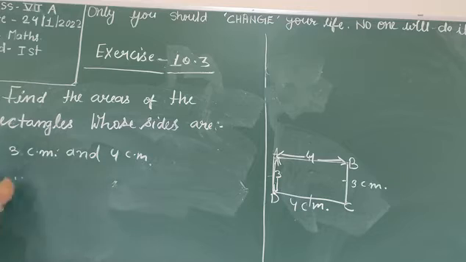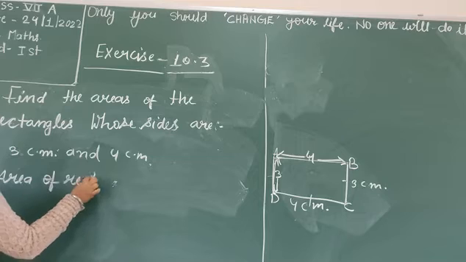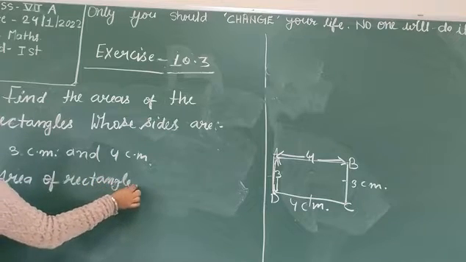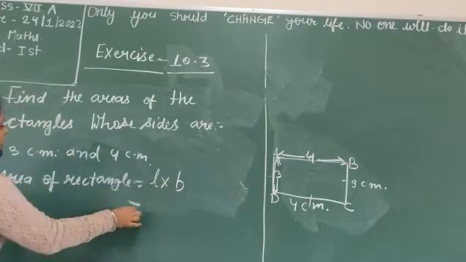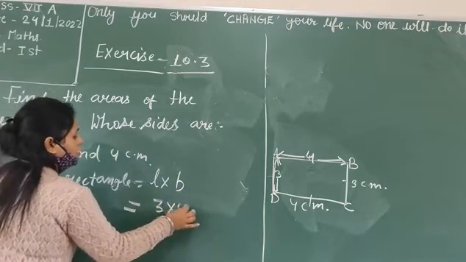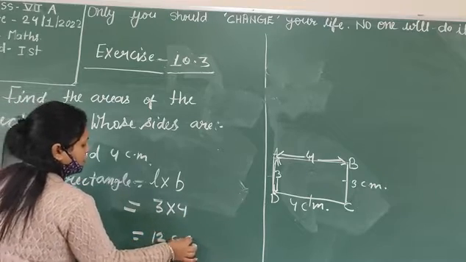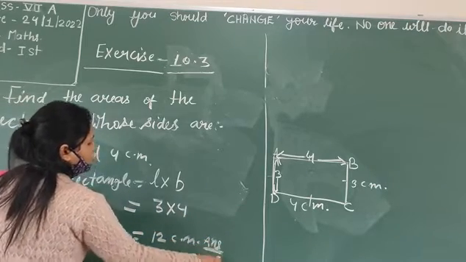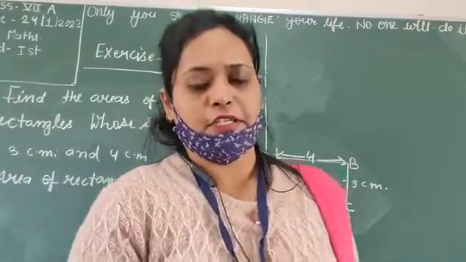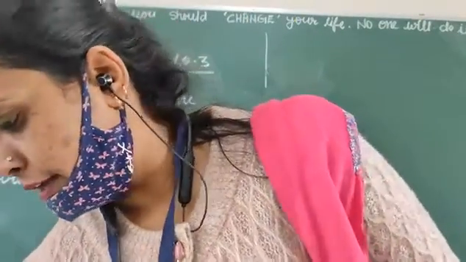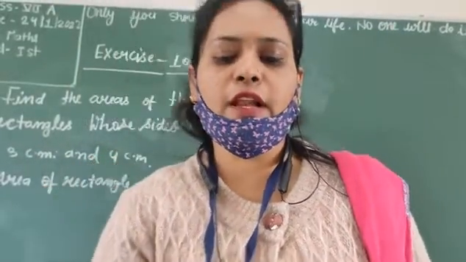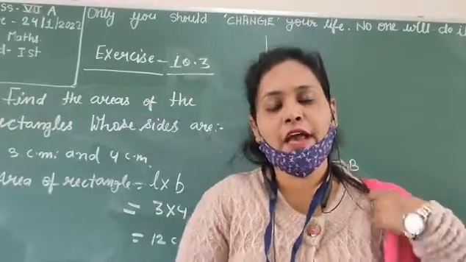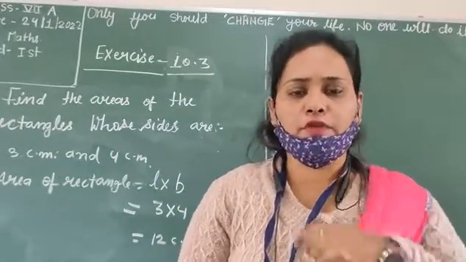So area of rectangle equals length into breadth, 3 into 4. 3 fours are 12 cm, that will be the answer. Clear? Now student, second question is 12 meter and 11 meter. All the remaining questions you all have to solve.